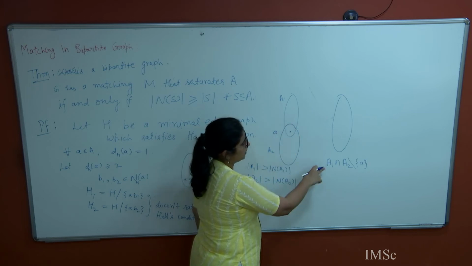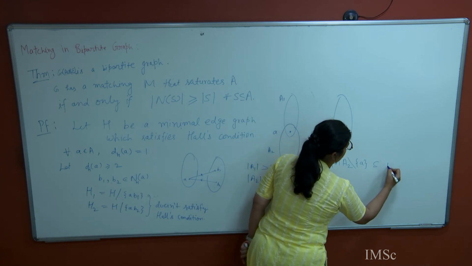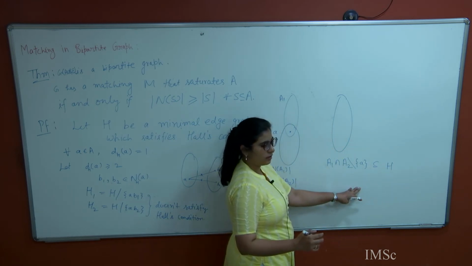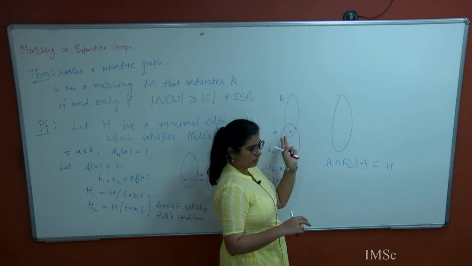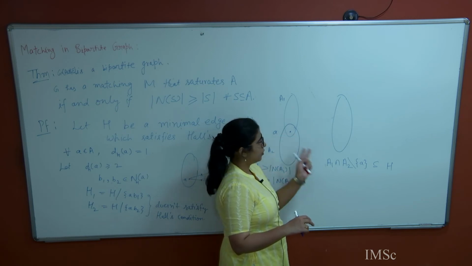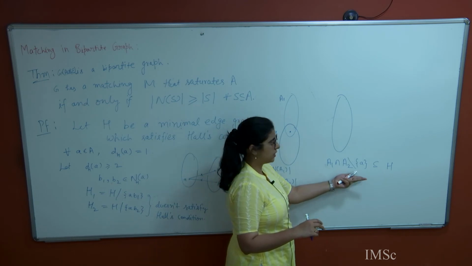For all these vertices, this set is a subset of H as well, right, because I made changes only on the vertex A. I removed some edges incident on A, but in this set I have not removed anything. So, it was present in H as well.